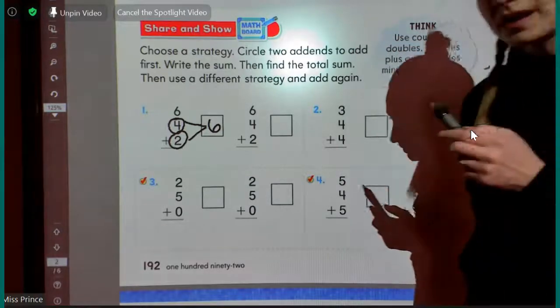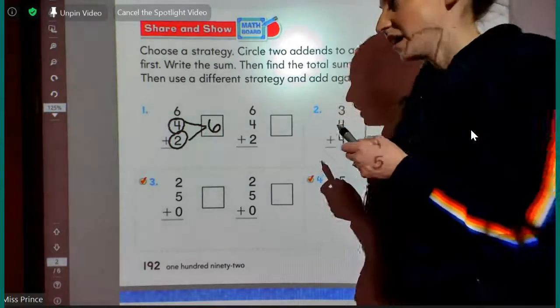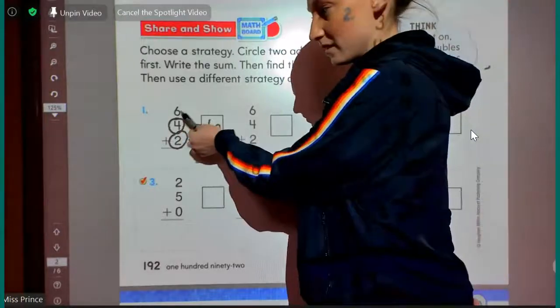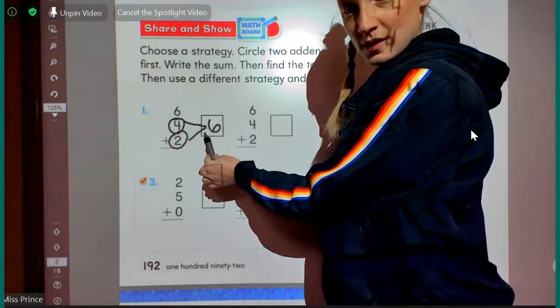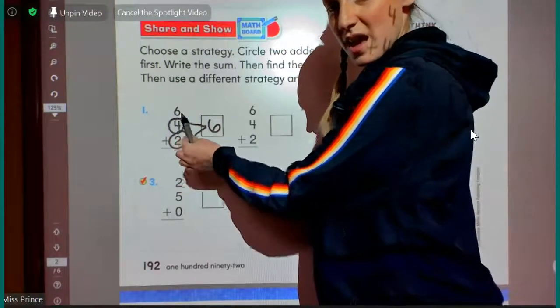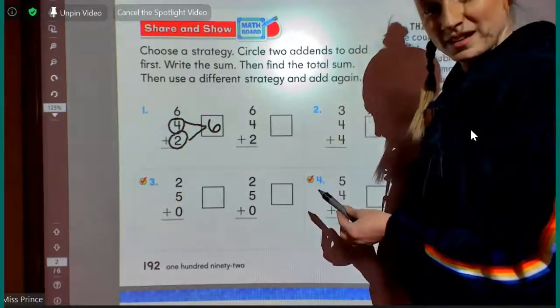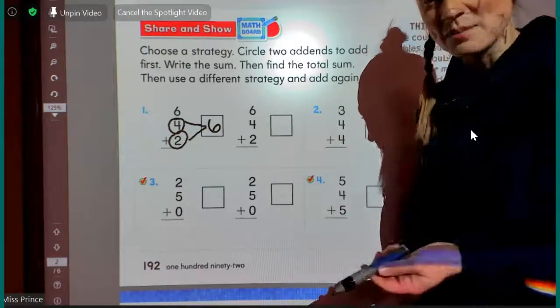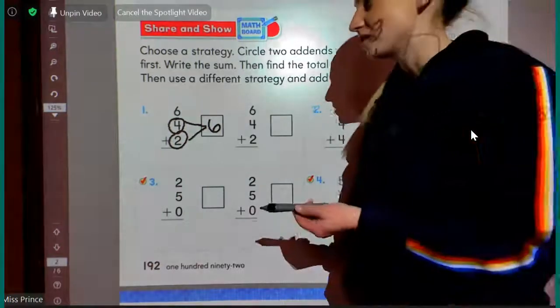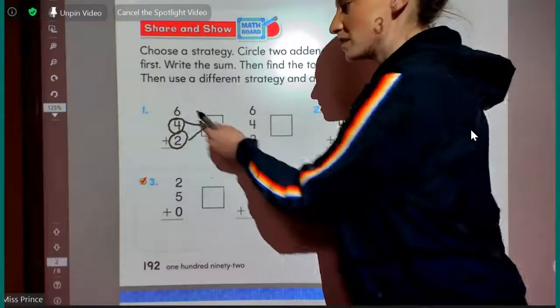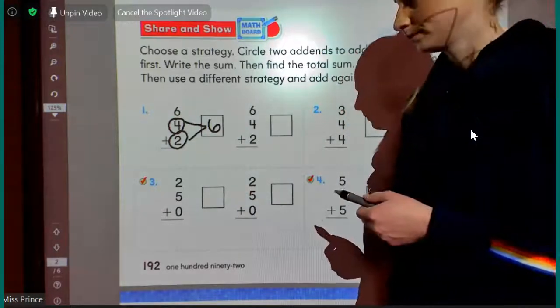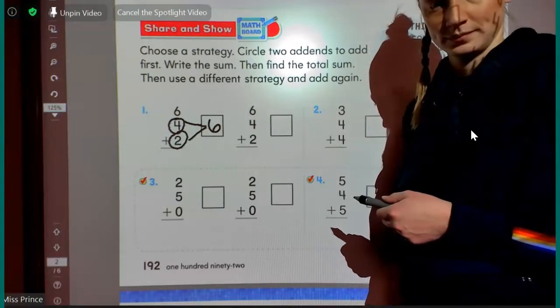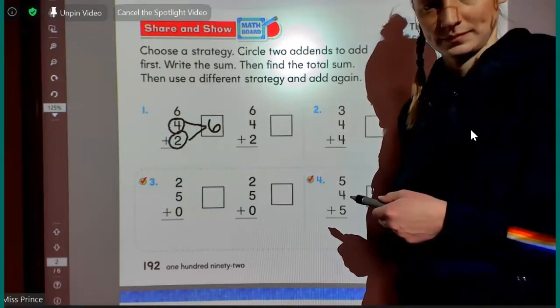By doing that, Kieran, I just made a 6 plus 6. 6 plus 6 is a double. So now we can add this super fast. Do you know what 6 plus 6 is, Kieran?